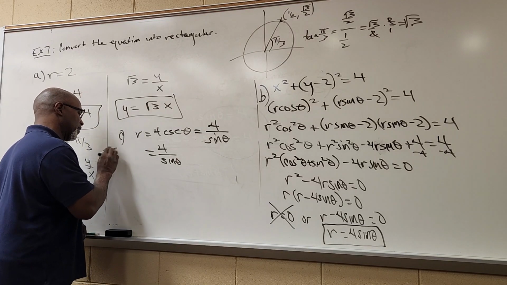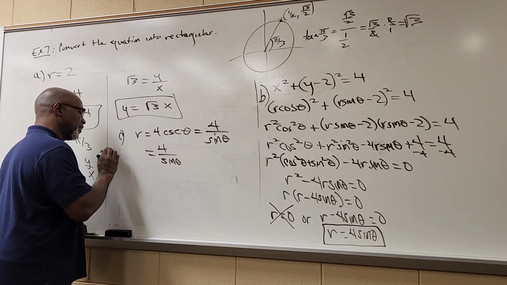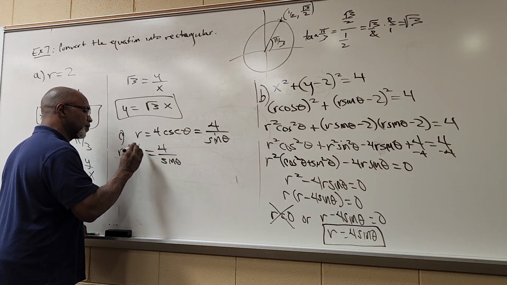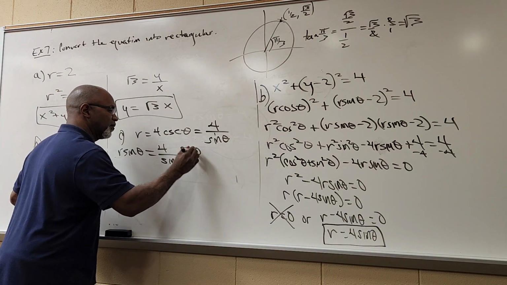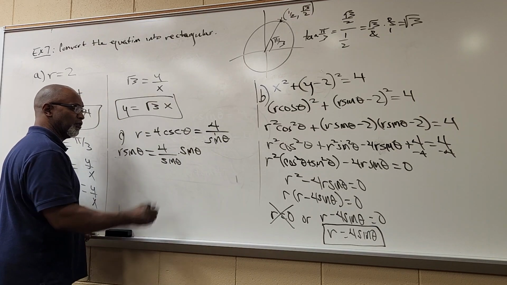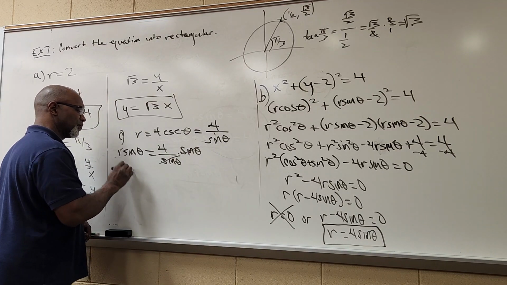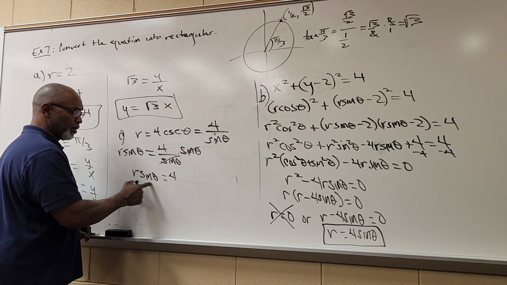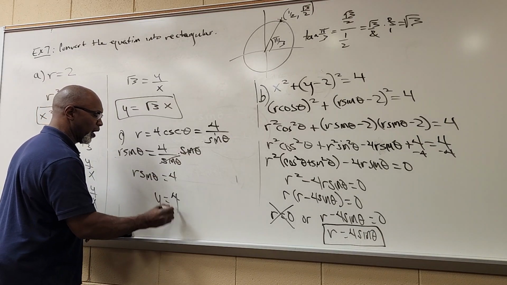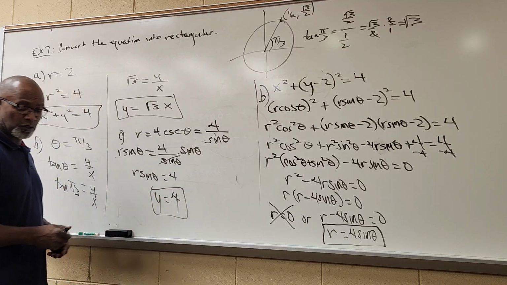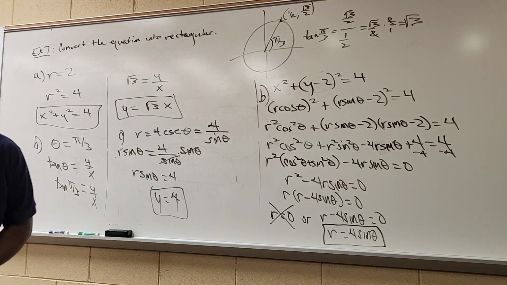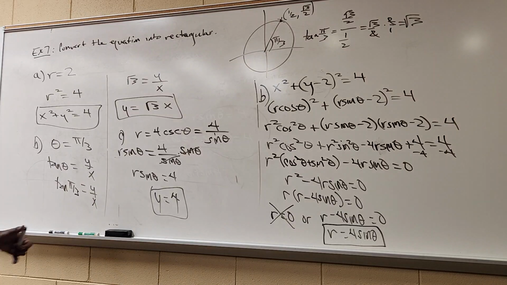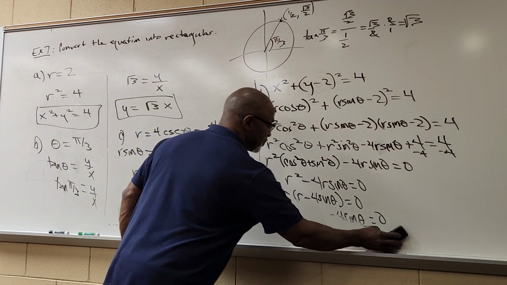Whatever I do to one side, I've got to do to the other. These cancel. I get r sine theta equals 4, but r sine theta is exactly y. So there's my corresponding rectangular form. y equals 4. Okay?